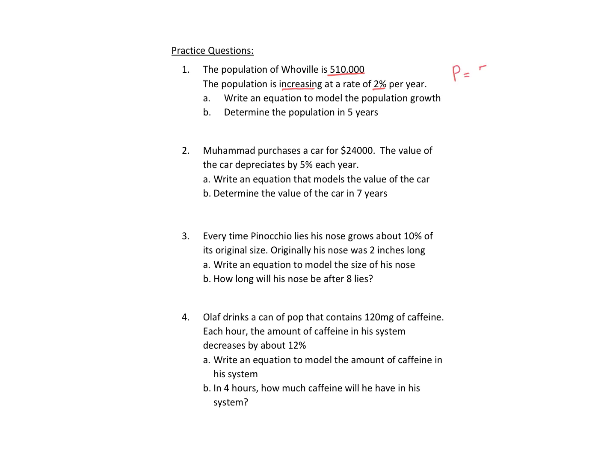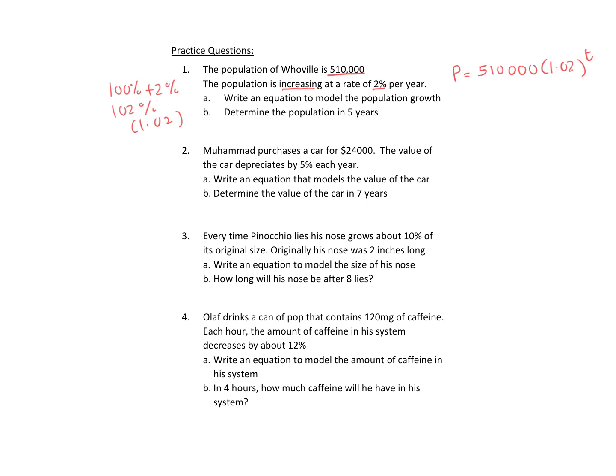The original population is 510,000 people. It's increasing by 2%. So starting with 100, it's going up by 2%. So next year it'll be worth 102%, which as a decimal would be 1.02. So that's my common ratio. And I'm going to do T for time in years.